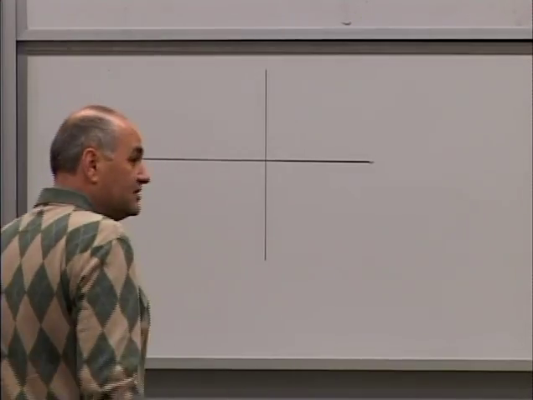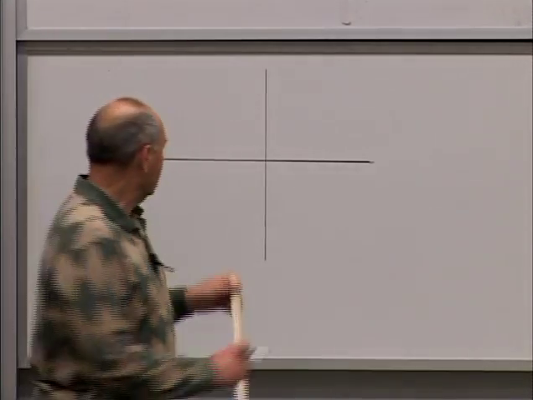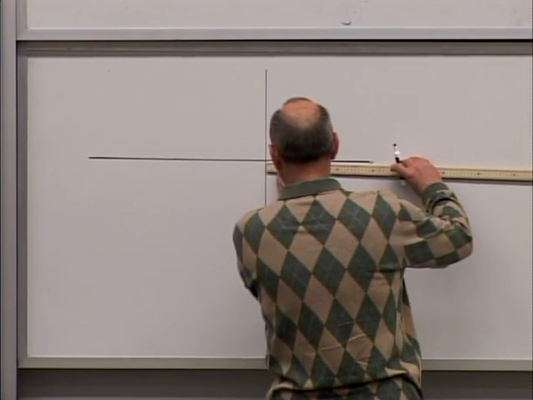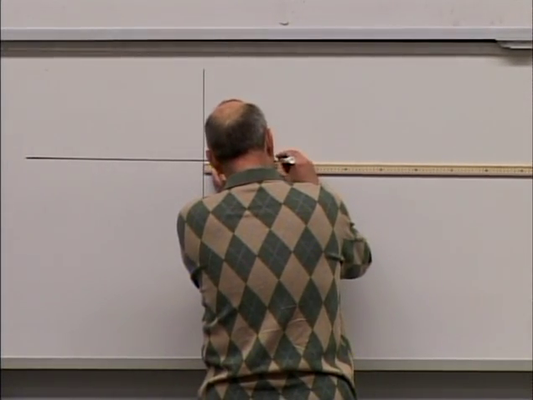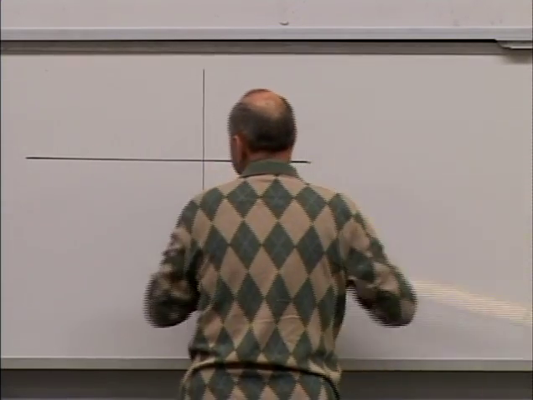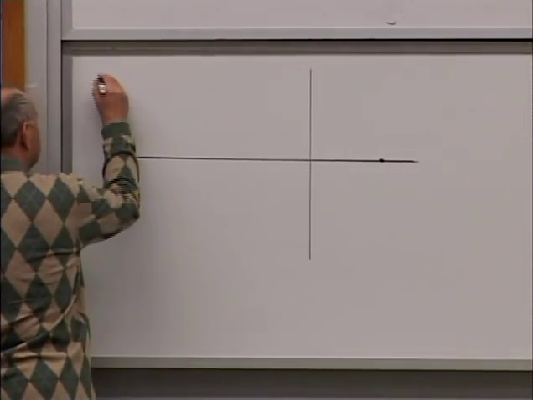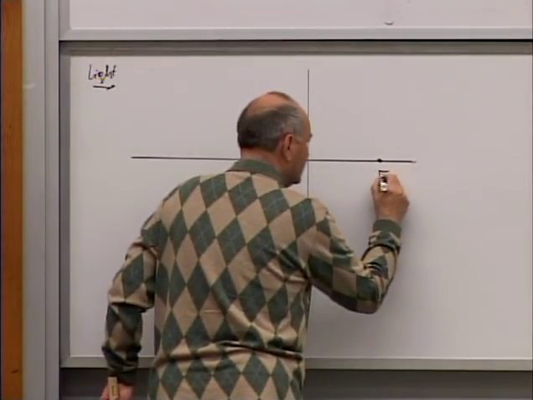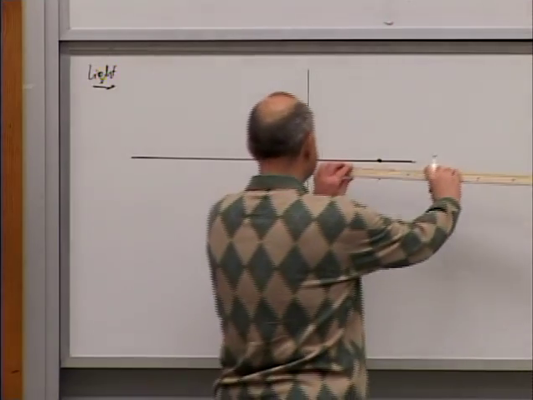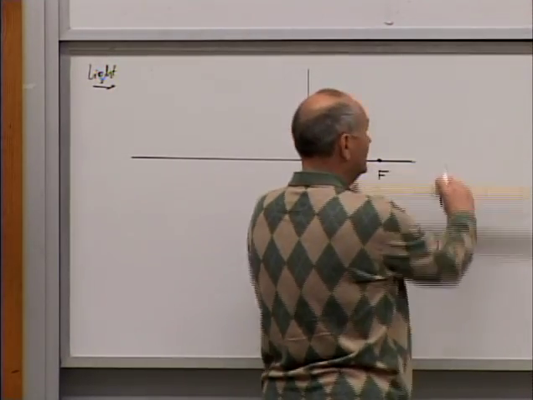So where should I mark that object? Let's recognize that it is a convex mirror, so the focal point is on the other side. So from this side is light. Focal point is on the other side, and I made the focal length 20 centimeters.